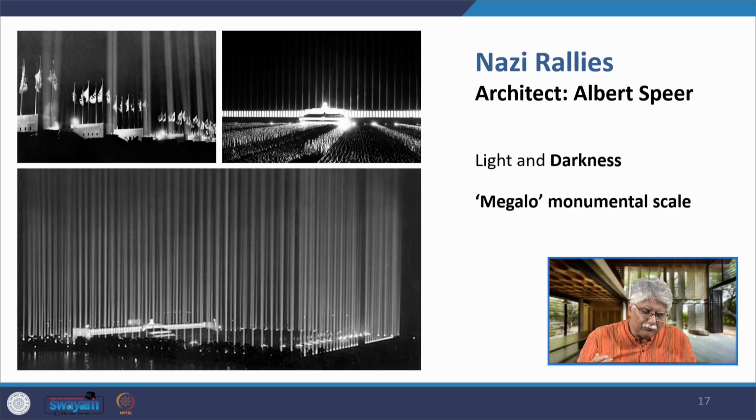This idea of megalomonumental architecture, the light and darkness, was adopted by Albert Speer, who was a Nazi architect. He was the architect to Adolf Hitler during the World War.